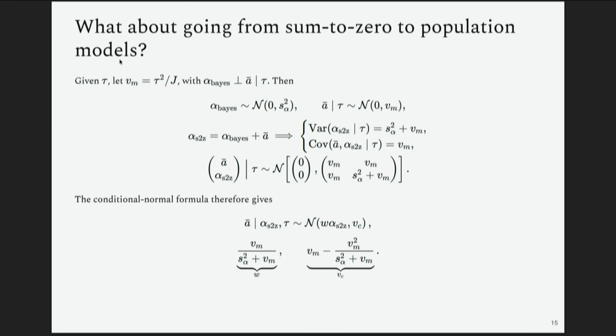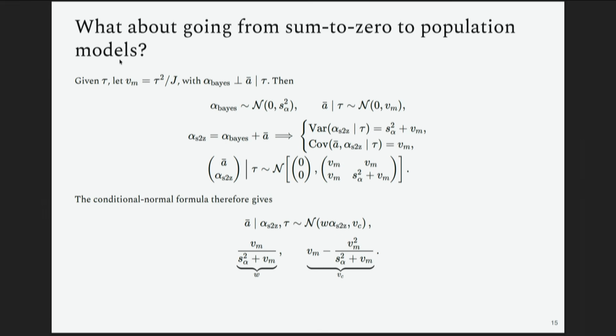All right, so the other way, though, and this is the more interesting way, because this is the way that everyone should be using here. This is the way where you actually do the sum to zero, and then if you want to recover those Bayesian estimates, this is how you would do it. It's all based on basically conditional distributions and marginal distributions. I'm not going to go through all of the math here, all right? But what you'll see is that as you go through here, we have this A bar.